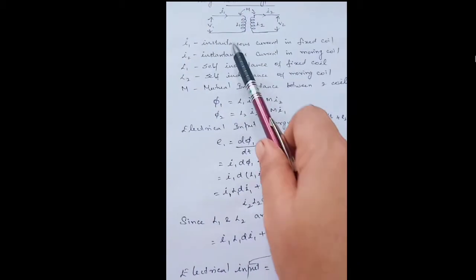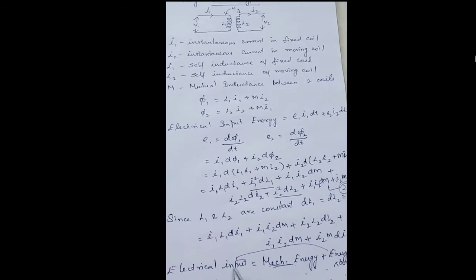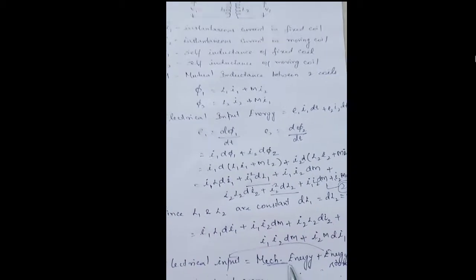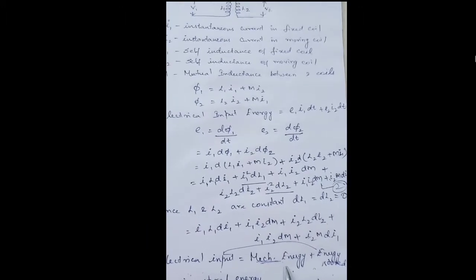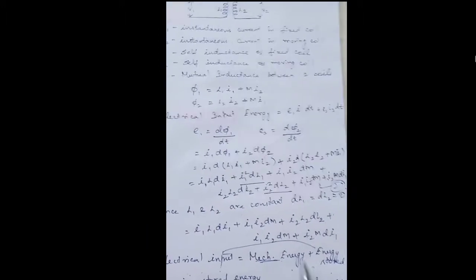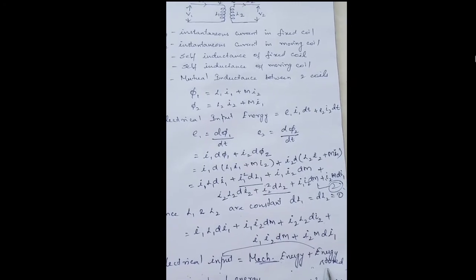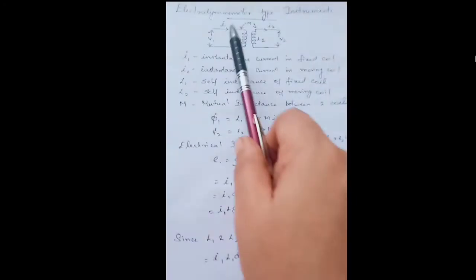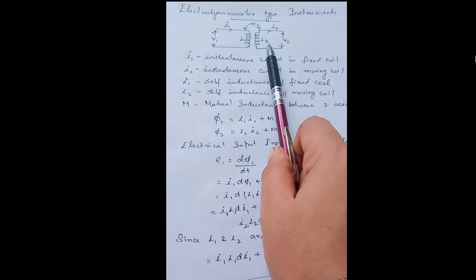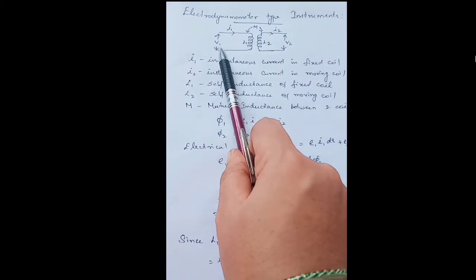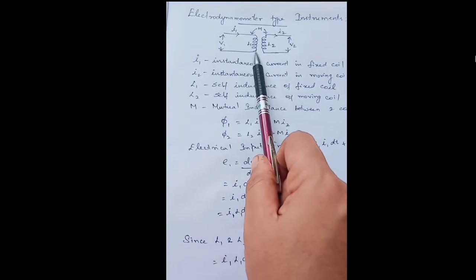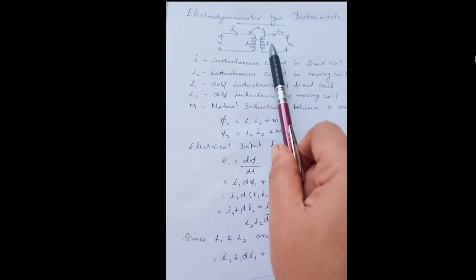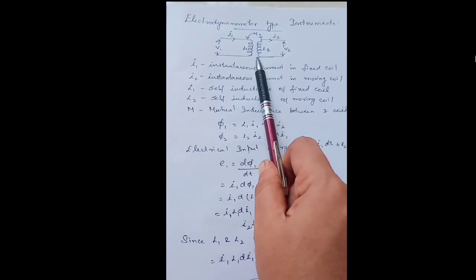As I said earlier, whatever electrical input we apply at the initial stage at the fixed coil is made use of for moving the pointer, so there develops a mechanical energy, plus energy stored. Since there are two coils here, the amount of energy entering at the input stage is stored in these two coils. A little bit of energy will be stored in the fixed coil as well as in the moving coil.